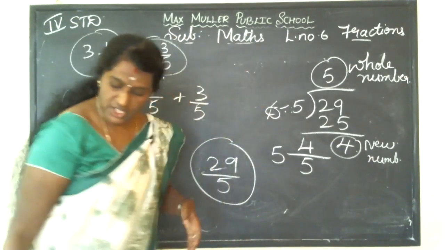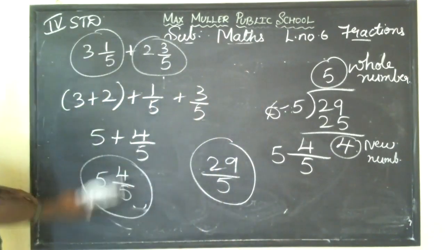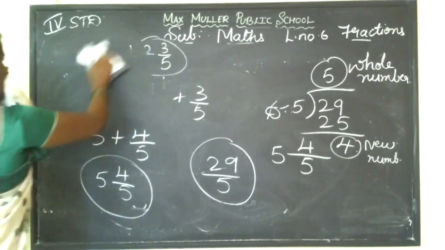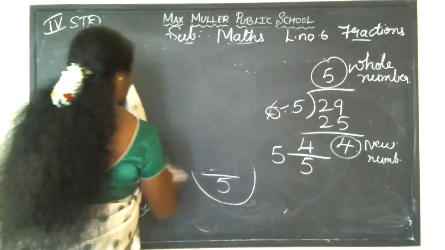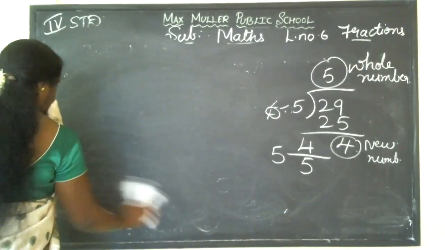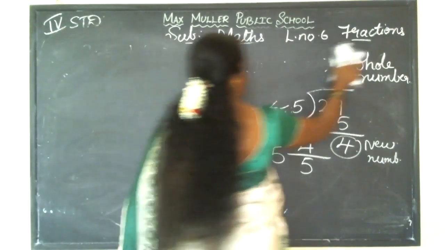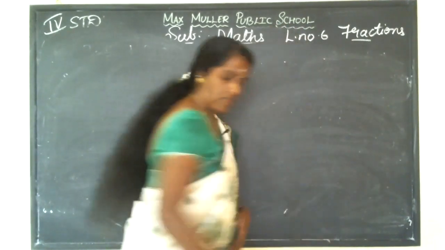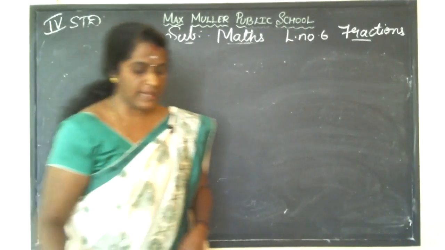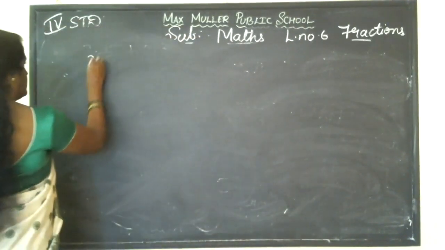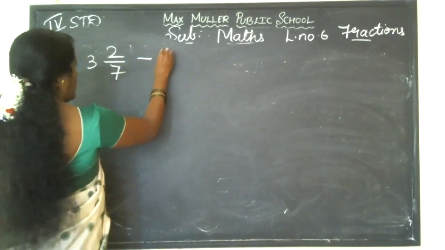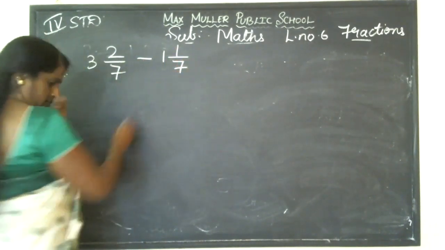Next is subtraction. See here, 3 and 2 by 7 minus 1 by 7.